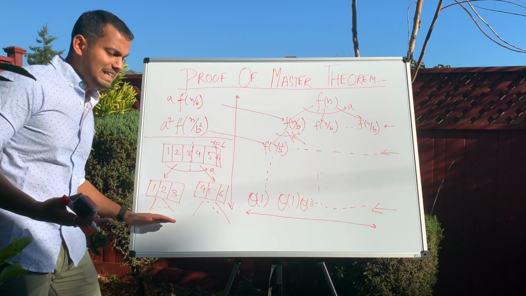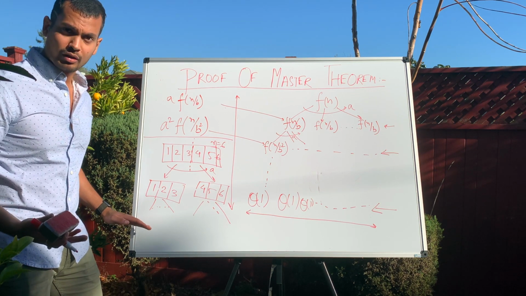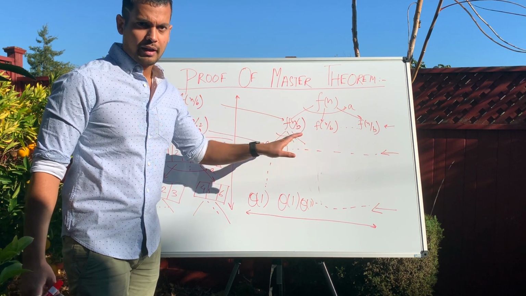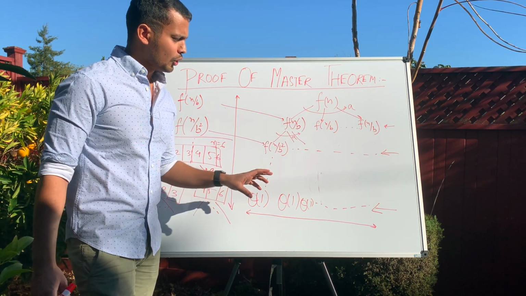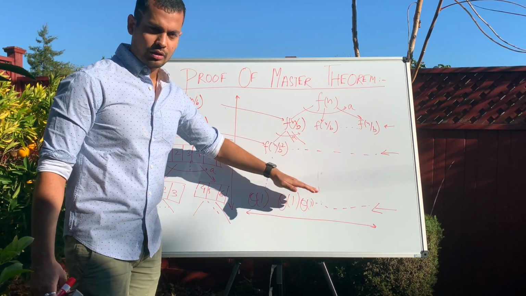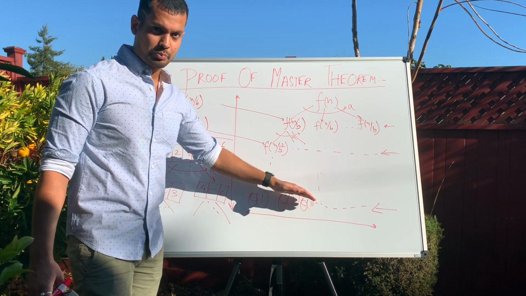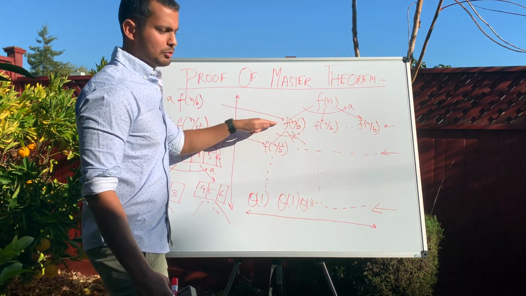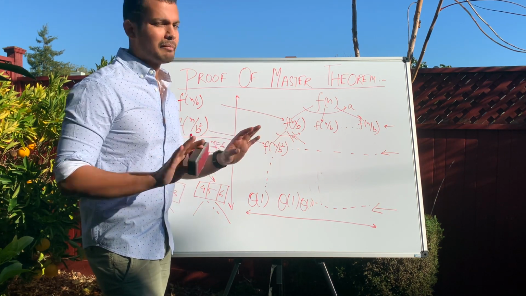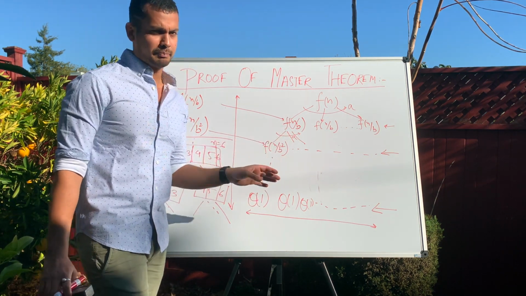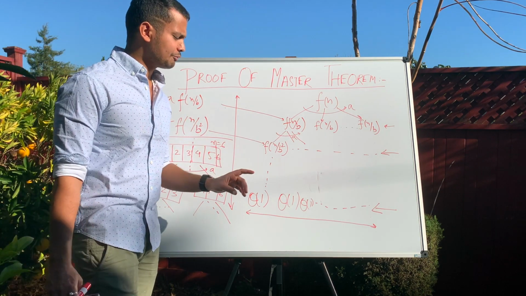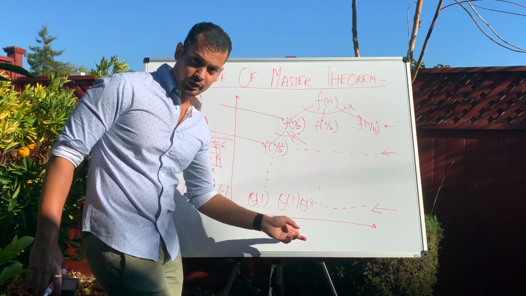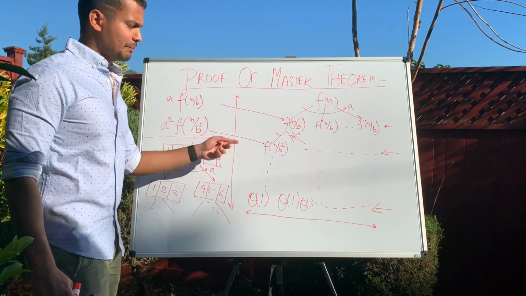In this tree, master theorem helps us know whether the division, or the calculation at each of these steps, is predominant. That's all it compares. So for the proof of master theorem, first of all, we have to calculate what is the width of the tree and what is the depth of the tree.